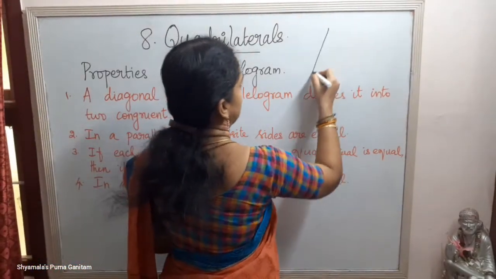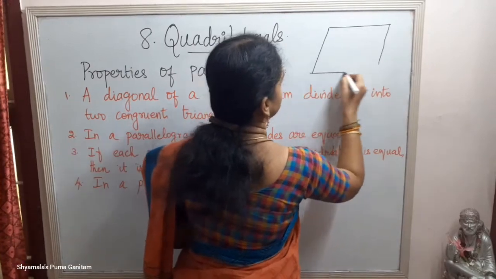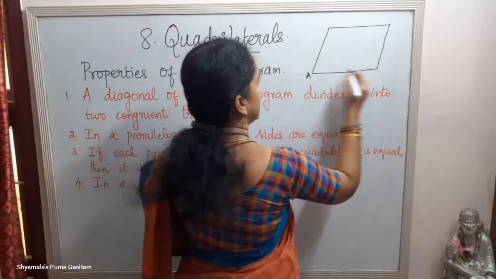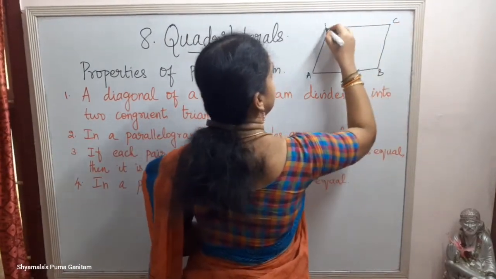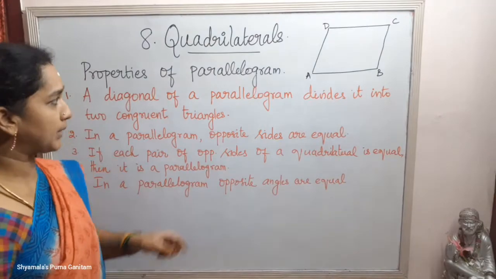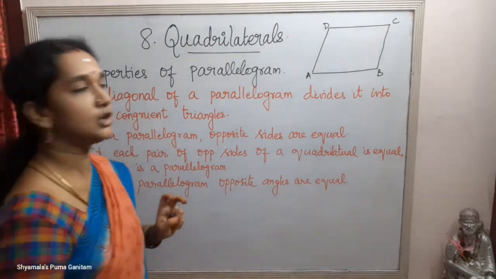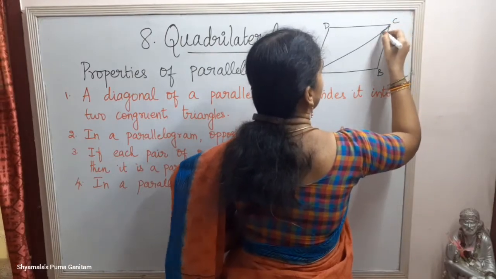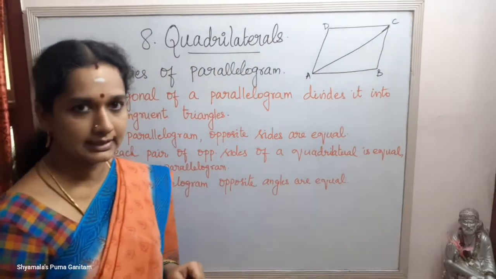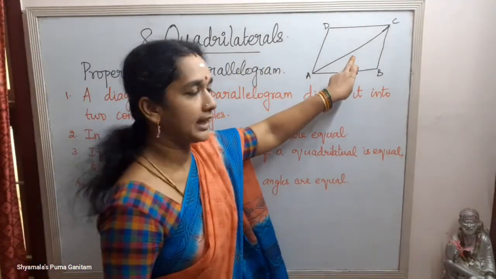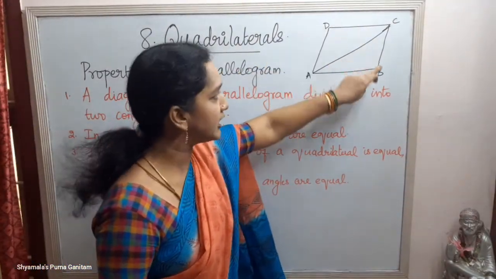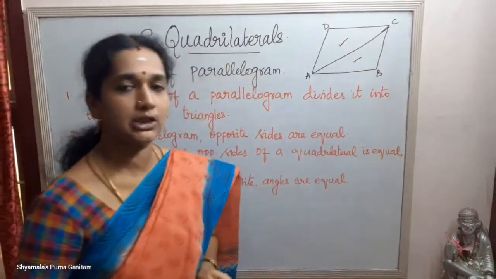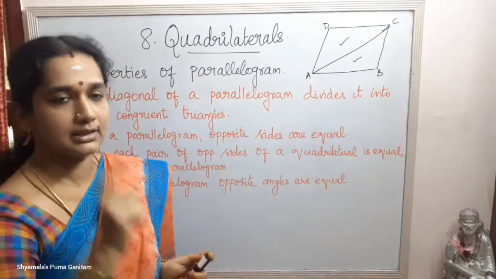When you take a parallelogram ABCD, and divide it into two triangles through the diagonal AC, it divides the parallelogram into two congruent triangles. So these two triangles are congruent to each other. This is the first property.